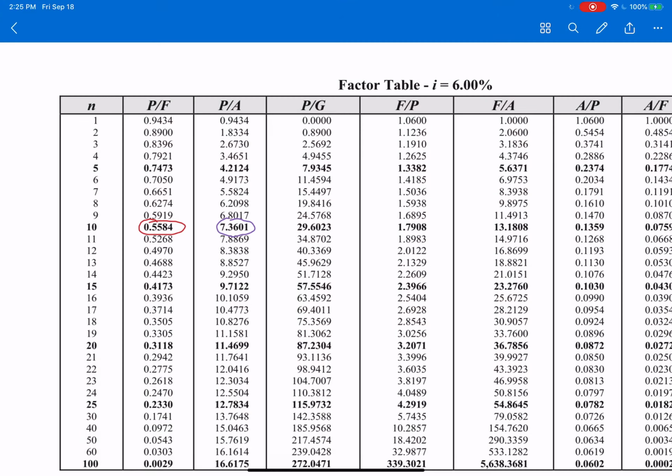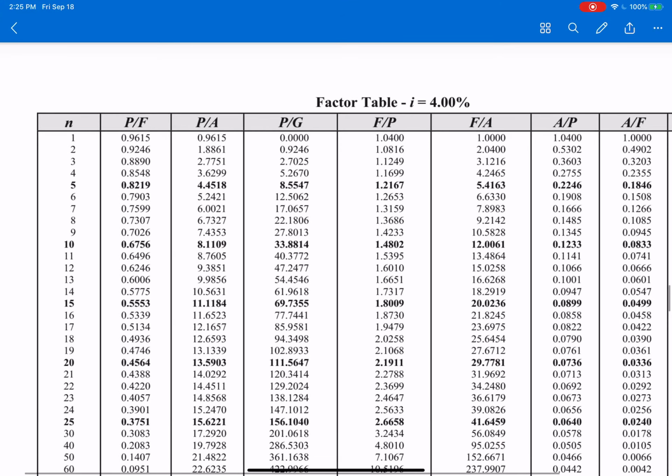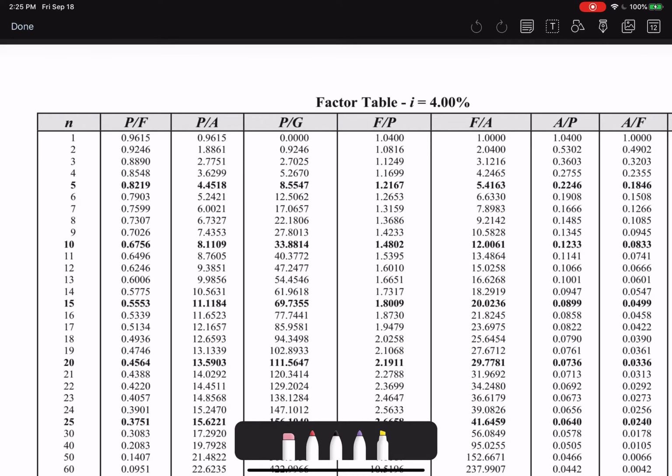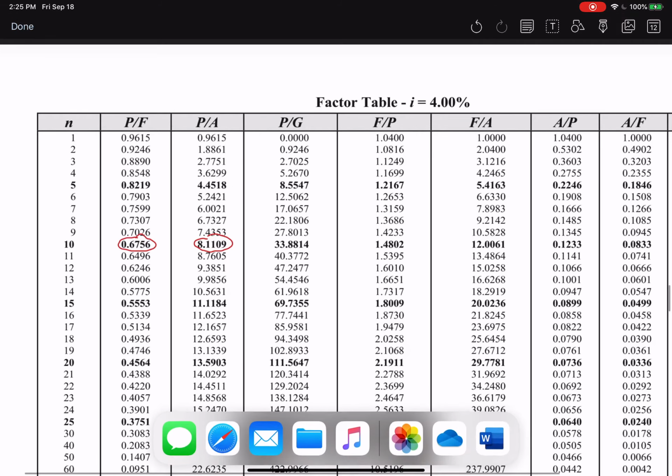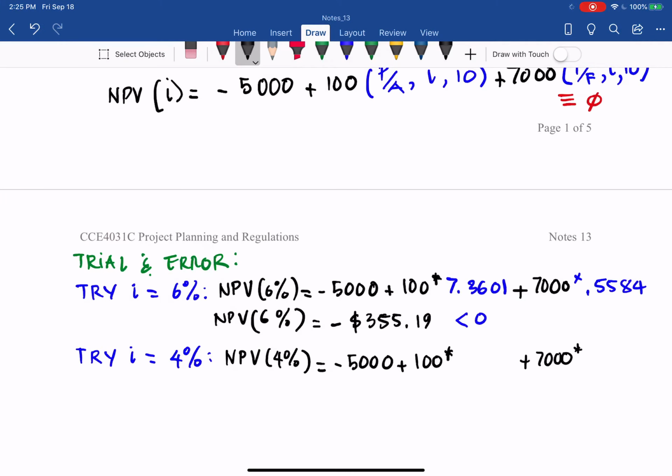And going back to here with 4%, the two factors that we have: P over A for 10 years at 4% equals 8.1109, and P over F for 10 years at 4% equals 0.6756.